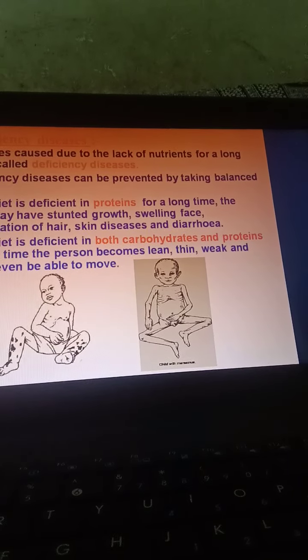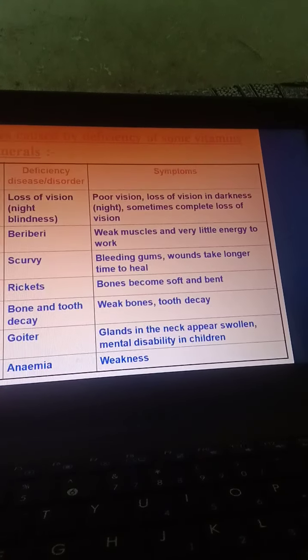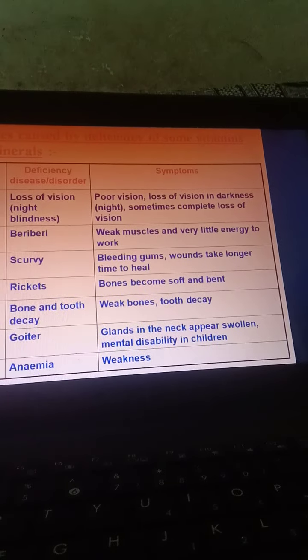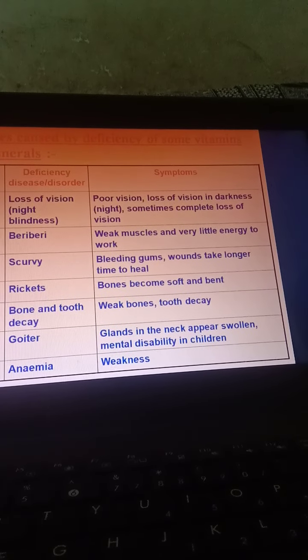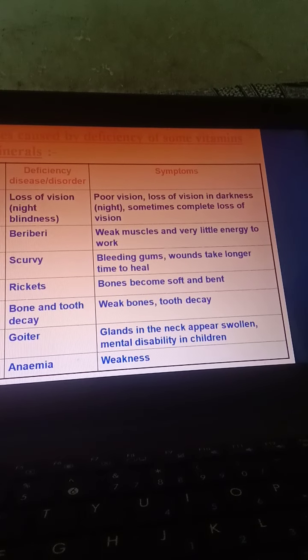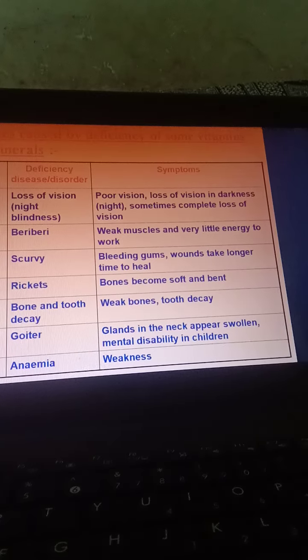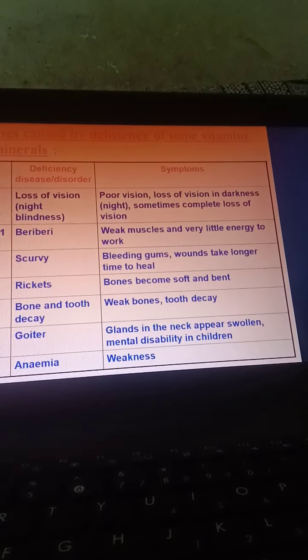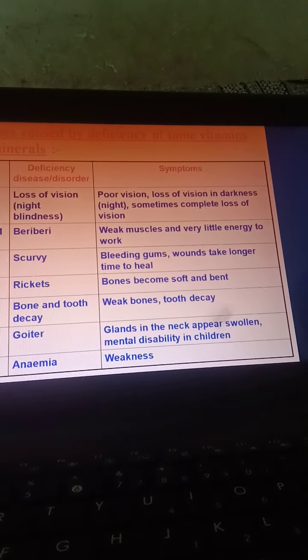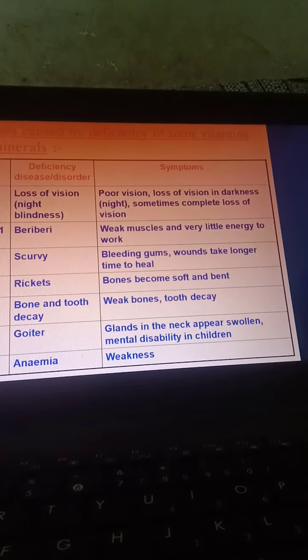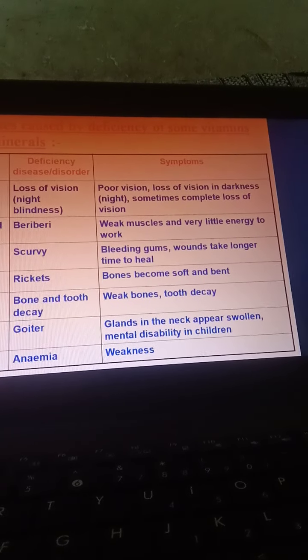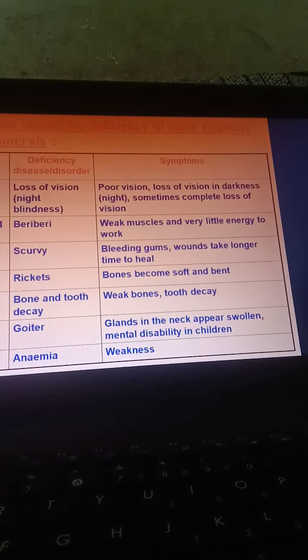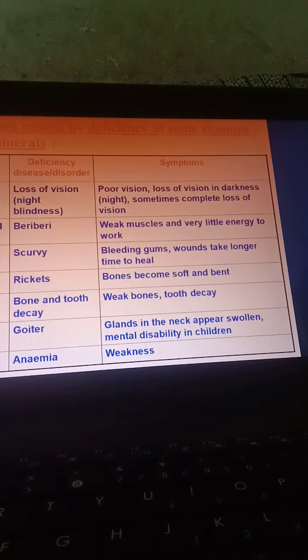Now we will look at a table which contains deficiency diseases. What is the effect of these diseases? What are the symptoms of these diseases? First one is deficiency of vitamin A, which causes the disease loss of vision or night blindness.